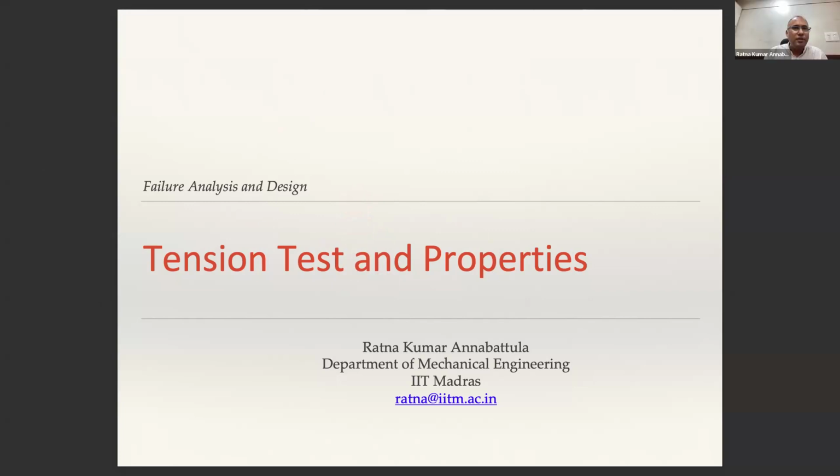Okay, let's get started. So until now, we have looked at the structure of the material, and we have realized that in a crystalline material, one can have defects, and different kinds of defects can be there. We've looked at point defects and line defects. We also understood the mechanism of plastic deformation: how plastic deformation takes place, and what is the underlying atomic scale mechanism responsible for it, which is nothing but dislocation.